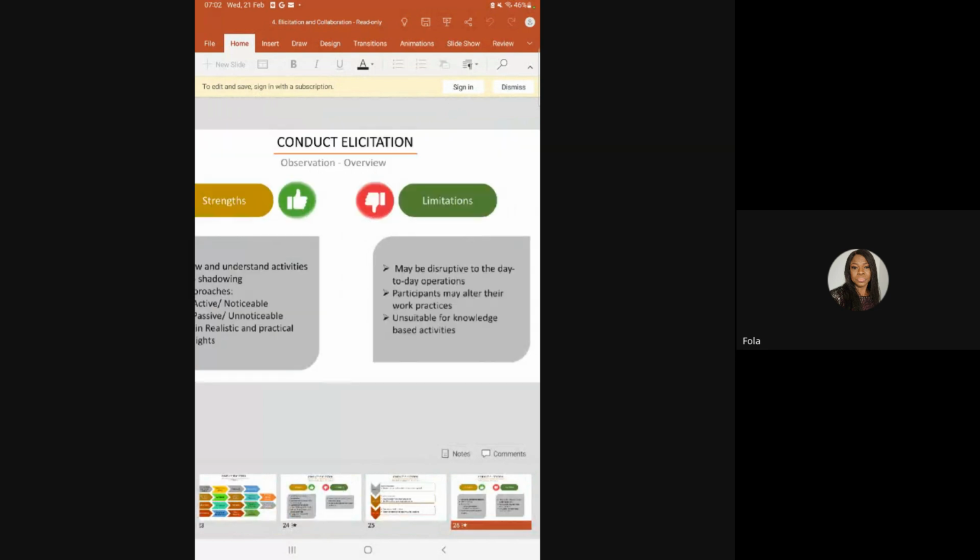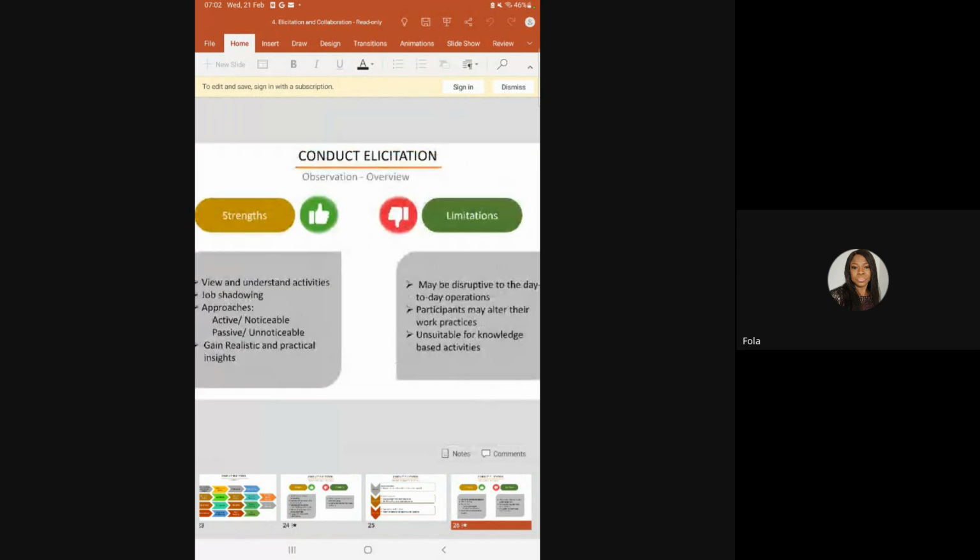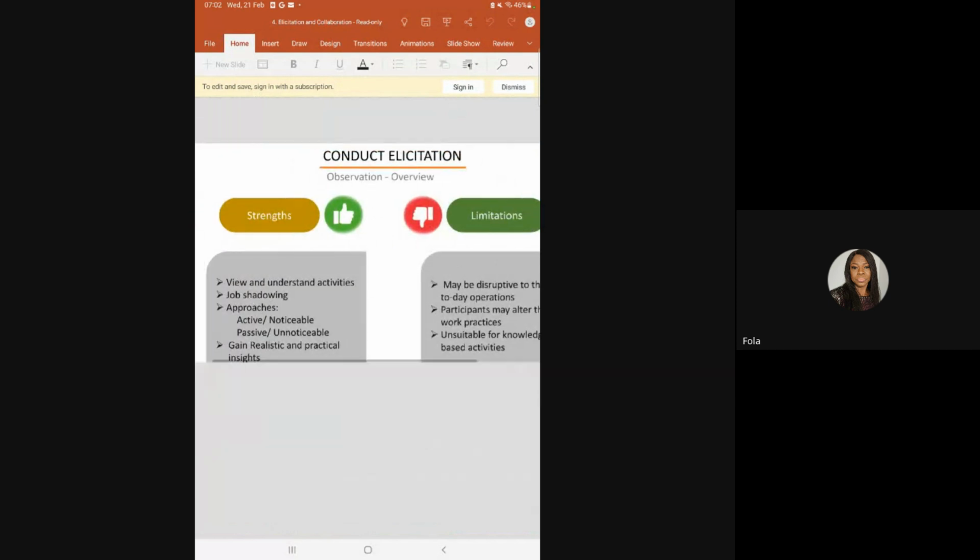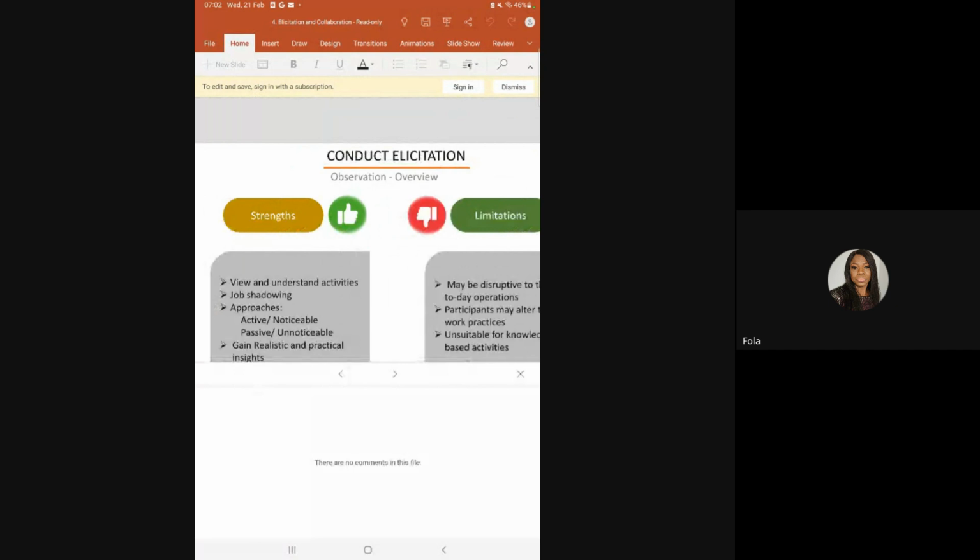Yeah, you're able to see this, no? Are you there? Yes, I got you. Okay. See, I was mentioning observation. Observation is a big tool like document analysis. When you want to elicit the requirements, observation is another important technique.